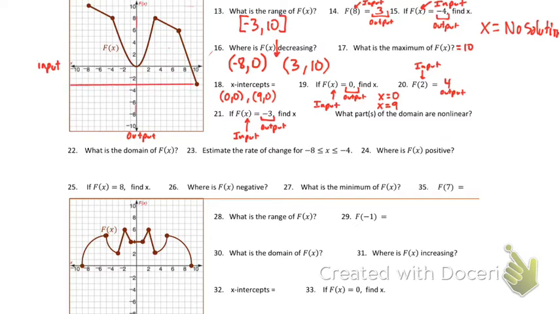There's my output. Okay, does my graph ever cross the output of -3? And it does, it's here. So my output is -3. What's my input? So we go to the input line. My input is 10. So x is equal to 10.